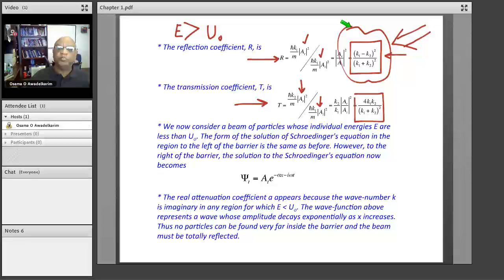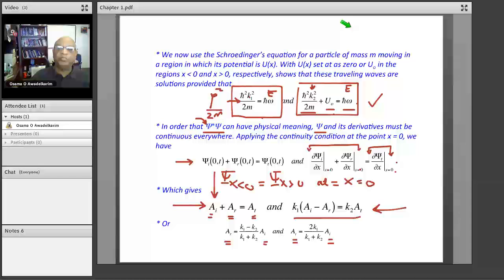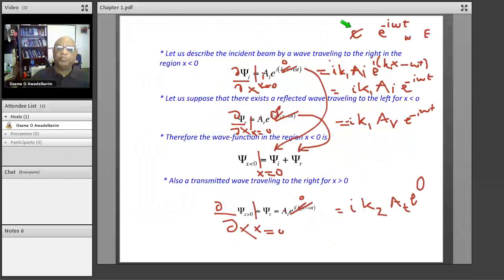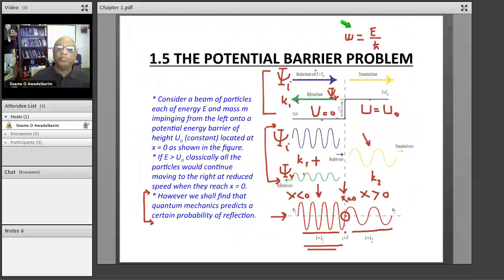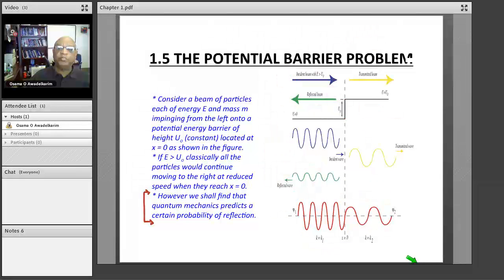So let us just look at another scenario. Let me go back all the way to this drawing here, this sketch here, and let me clean things. And now let's say that we take a condition such that E is less than U naught.